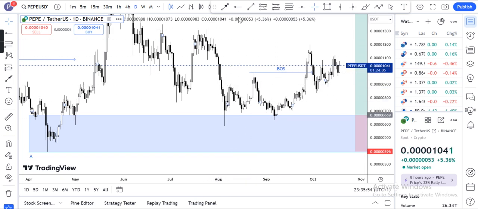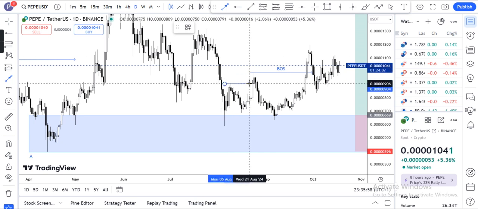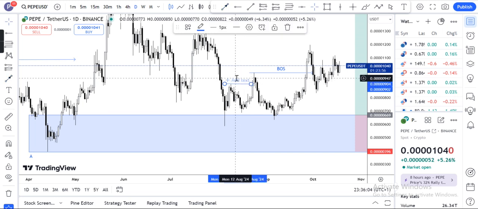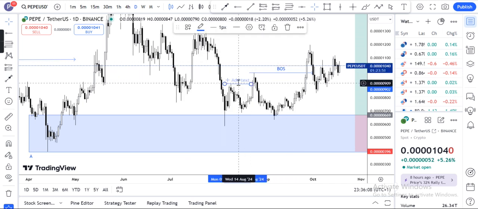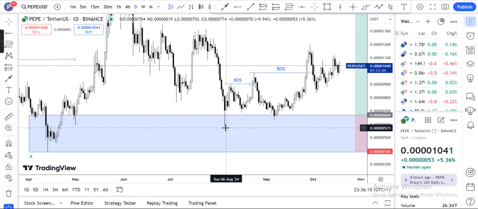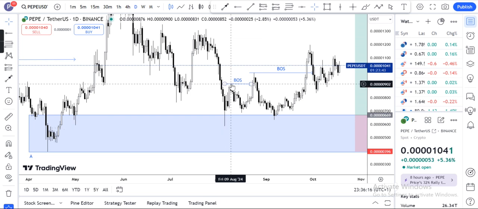So we have this break of structure also here. So we have this break of structure here. And then what can we clearly see?